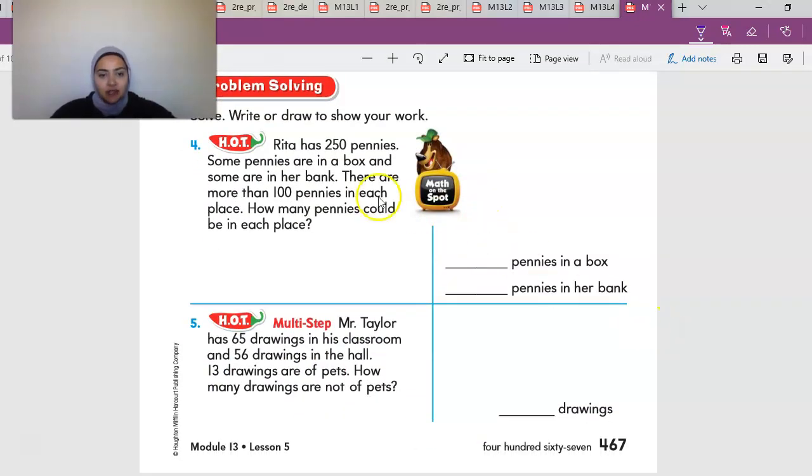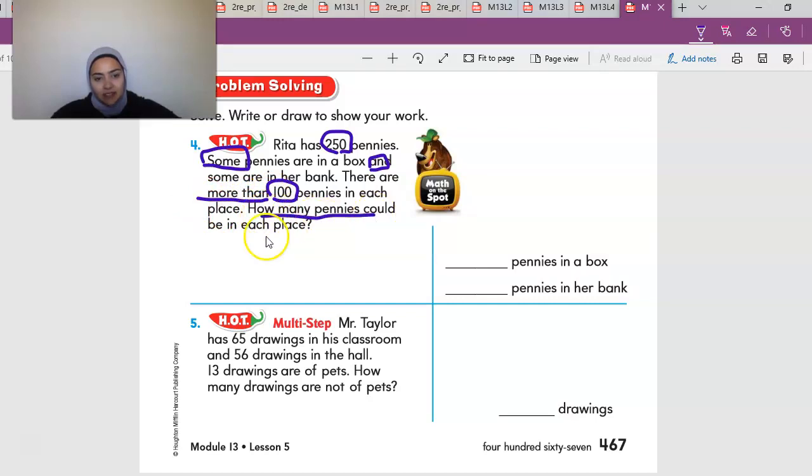Let's read. Rita has 250 pennies. Circle that. Some pennies are in a box and some pennies are in her bank. There are more than 100 pennies in each place.